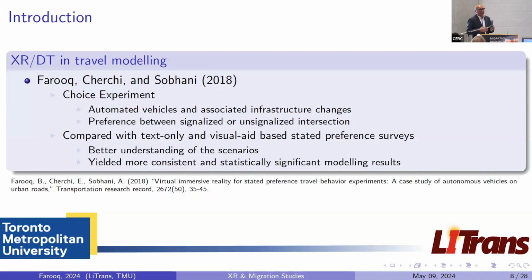So we conducted experiments in VR as well as using these sort of tools, and we showed that the understanding of the participants of the scenarios is better. Not just that, the model that we get has much more consistent and statistically significant parameters. So that was our first approach.